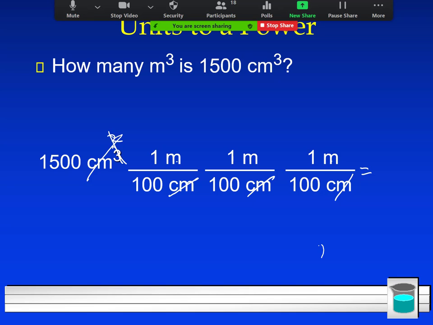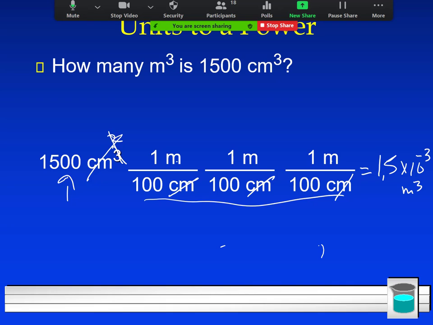Okay. So I can take 1,500 divided by 100, divided by 100, divided by 100. This is a measurement. These are all definitions, so they're unlimited sig figs. So that would be 1,500 divided by 100 divided by 100, which is 1.5 times 10 to the minus third meters cubed.